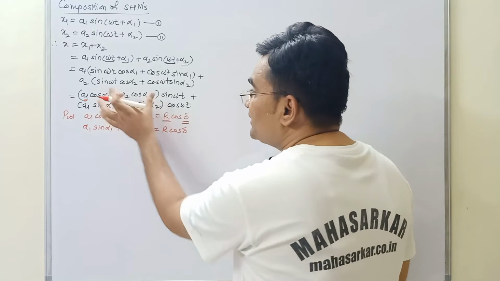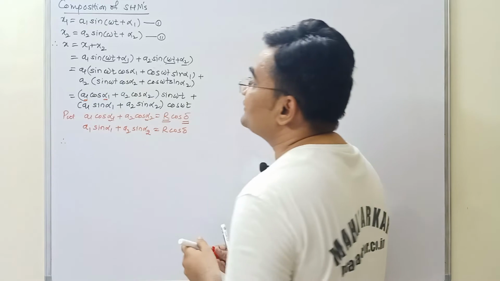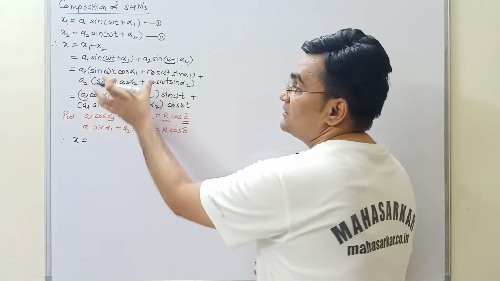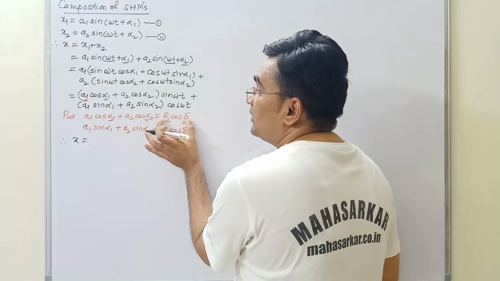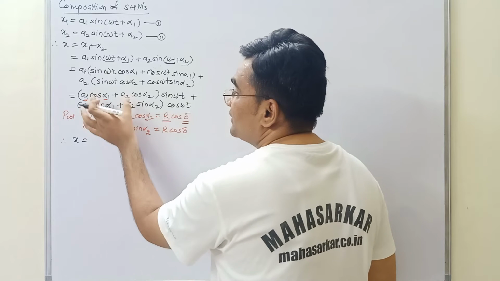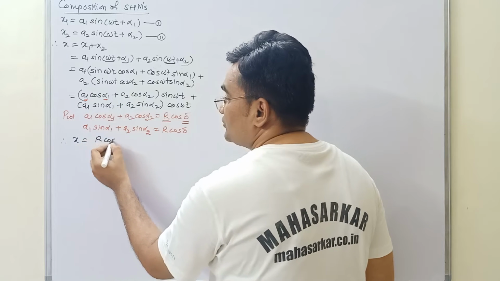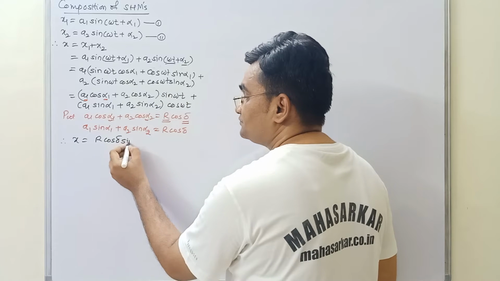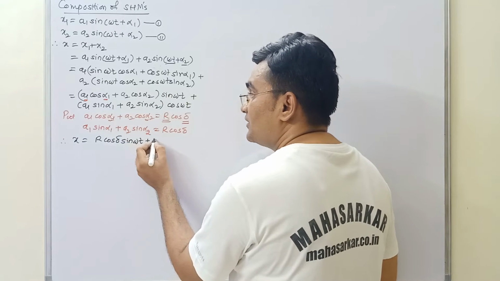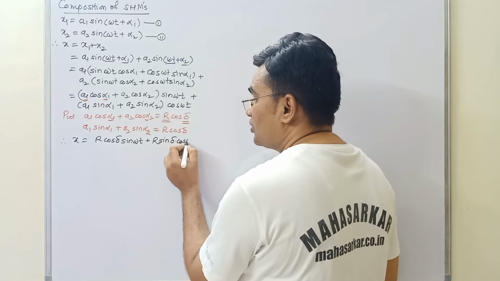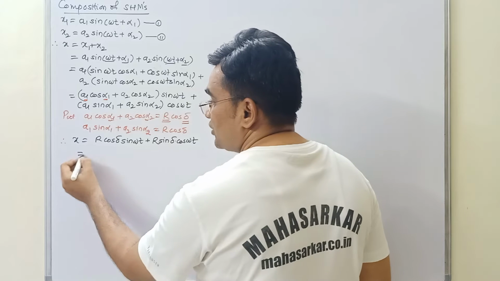So if I substitute these values, what am I going to get? x equals, see, this bracket is R cos delta, and the lower bracket is R sin delta. So it is like R cos delta into sin omega t plus R sin delta into cos omega t. What is common? R is common.